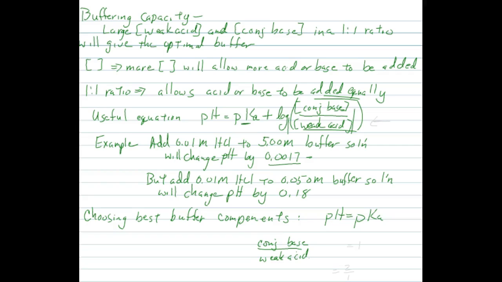They ask you for that, and it'll be like a 1 to 2, a 1 to 1, which would be a 1, and then you plug that into the Henderson-Hasselbalch. If you're looking for a 2 to 1 ratio, then you put 2 in here and do the log.